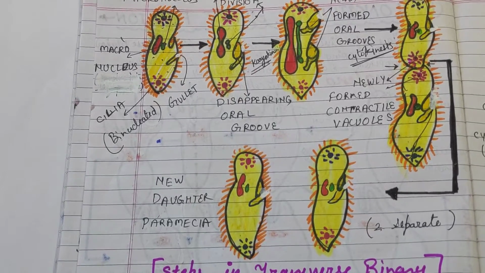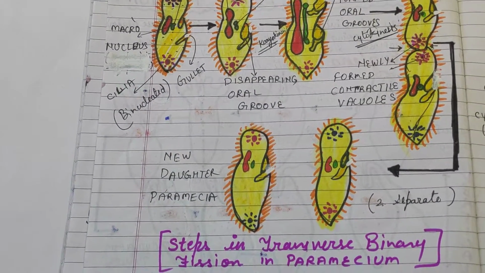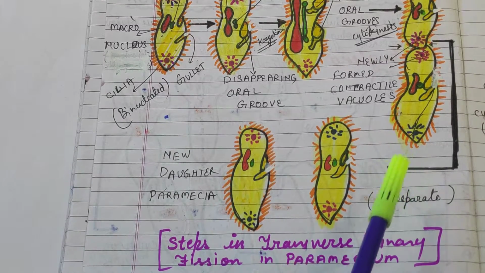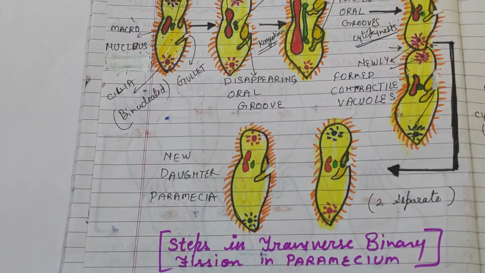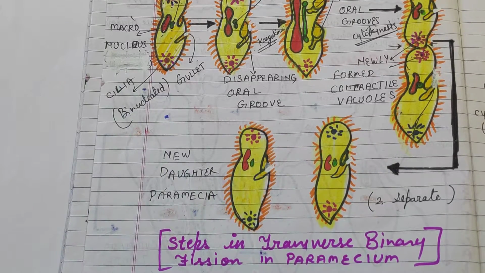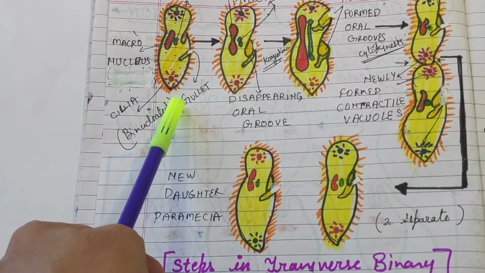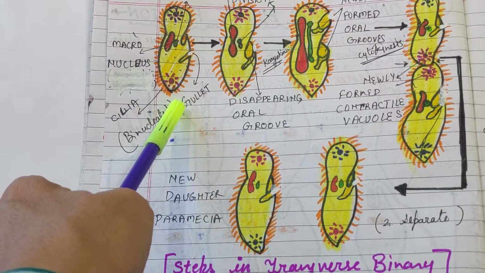And now it completely divides into two daughter cells, two daughter paramecium. So we can call them new daughter paramecia. So we get two daughter paramecia from the one parent paramecium.